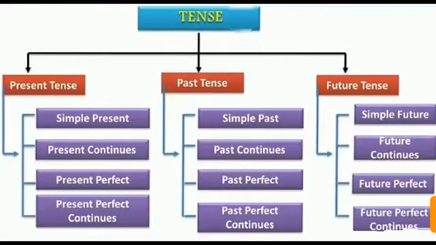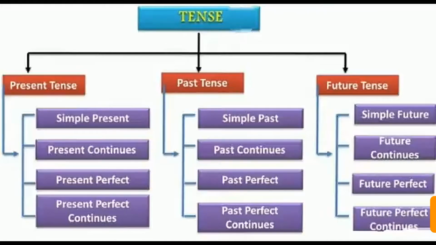After this bifurcation of present, past and future, individually all these three tenses have four subparts. Let us see that here. The present tense has simple present tense, then present continuous tense, then present perfect and present perfect continuous tense.